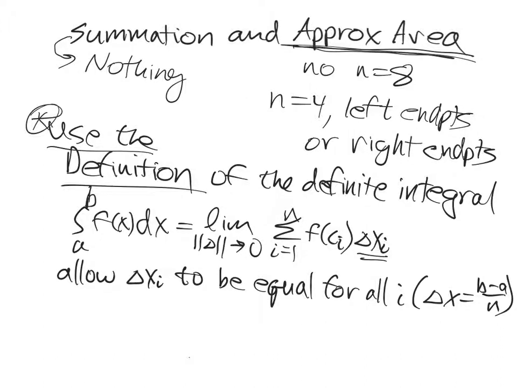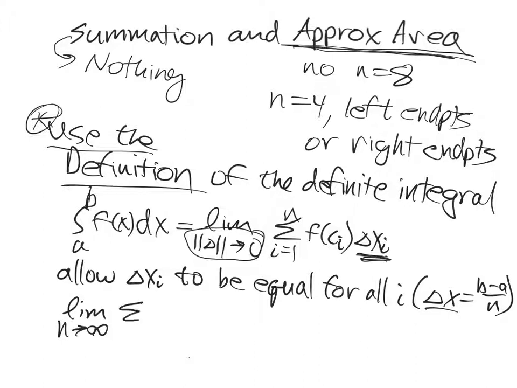To calculate that, we use b minus a over n, and maybe it goes from 0 to 4. Well, delta x then would be 4 minus 0 over n, or 4 over n. And by doing that, that changes a couple things just slightly. This then would change to n approaching infinity, and then this would change to just delta x.